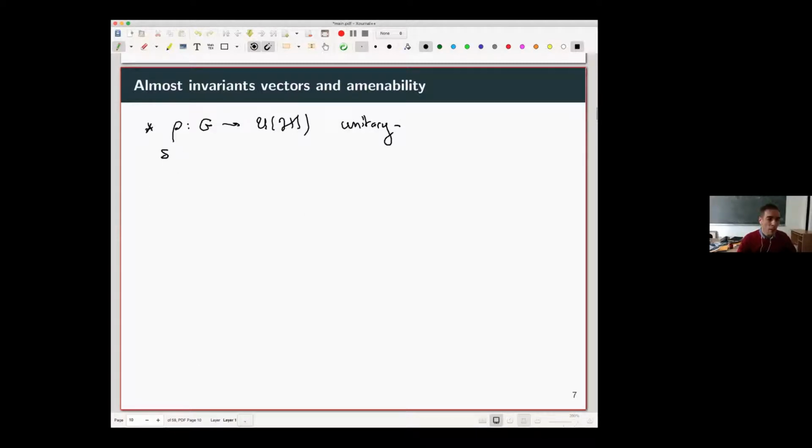Now fix a finite subset S of the group G and some epsilon positive.